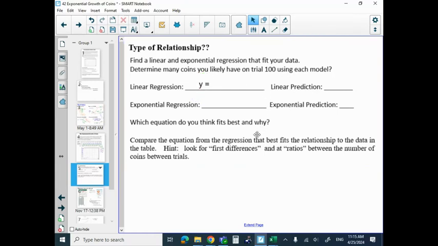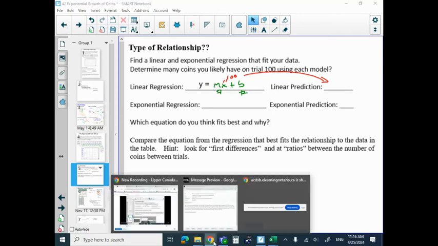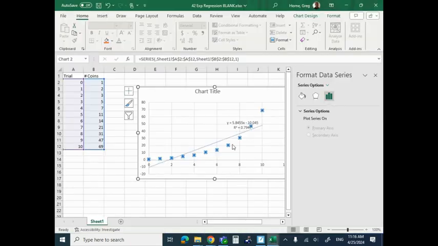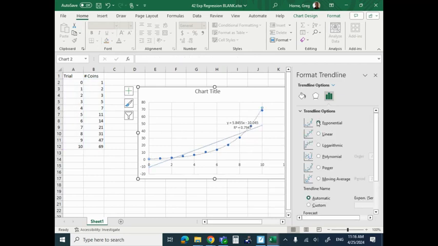And then if you put in the value of 100, so basically y equals mx plus b, whatever these numbers are, all you're going to do is set this equal to 100 and see what the model would predict. And then the exponential regression we'll do next, which is just a case of choosing the other one over here, right? So basically right-click trend line, instead of linear, we're going to make it exponential.